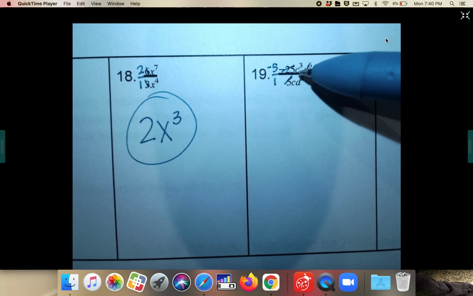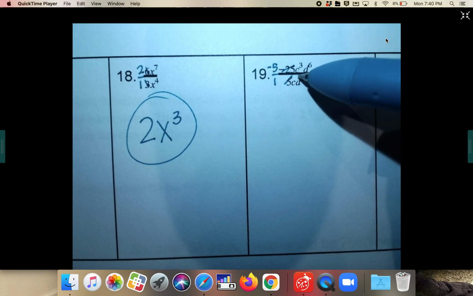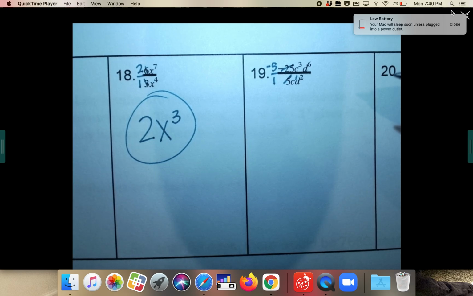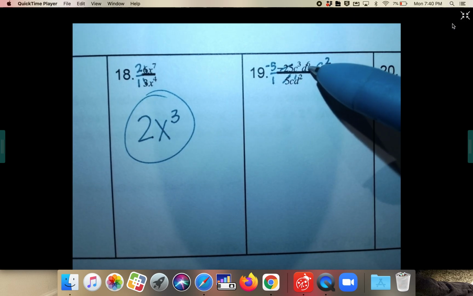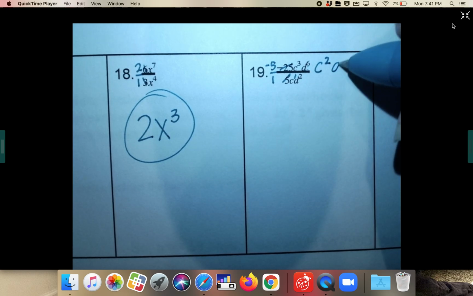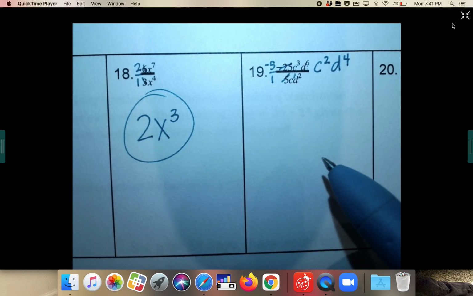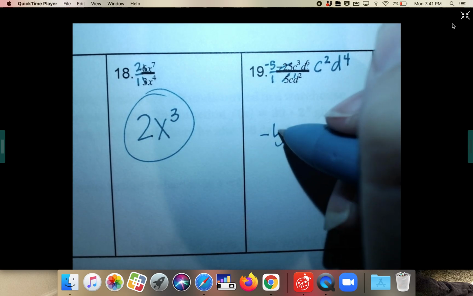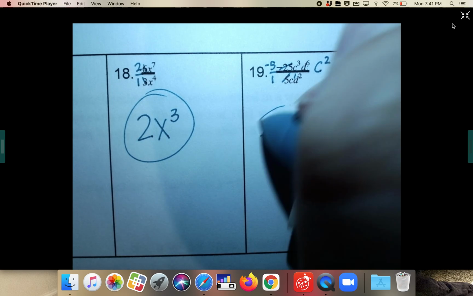C's are the same base, so you can subtract 3 minus, there is a hidden invisible 1 in here, so that would be c squared. And then d's are also the same base. You can subtract 6 minus 2 would be d to the fourth. And so really we don't need this over 1 on the bottom because that's all that's left on the bottom. So our final answer is just negative 5 c squared d to the fourth.